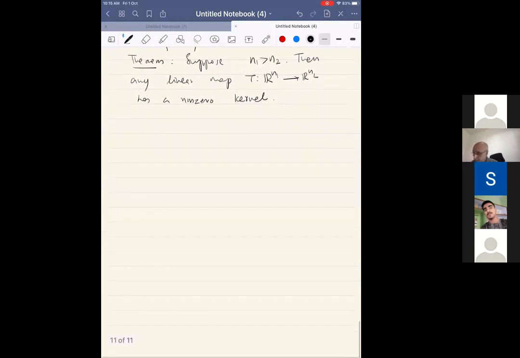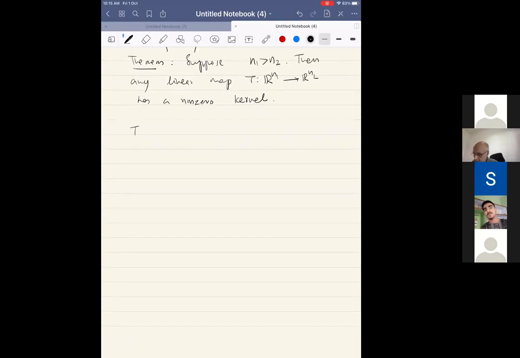So now we can prove the following theorem, using this.